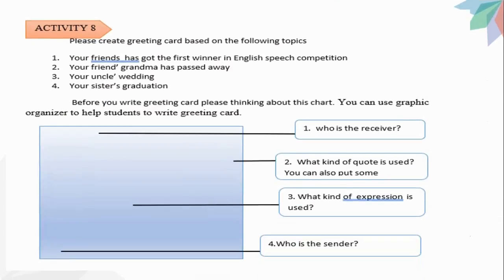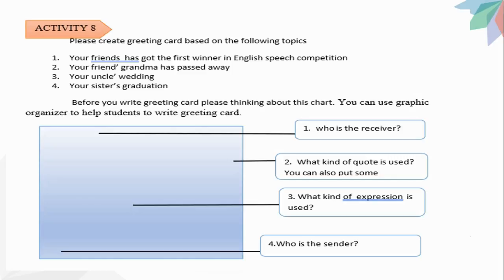Starting from that, the last one means that we as teachers provide some topics to our students and ask the students to create a greeting card based on the topic they have chosen.